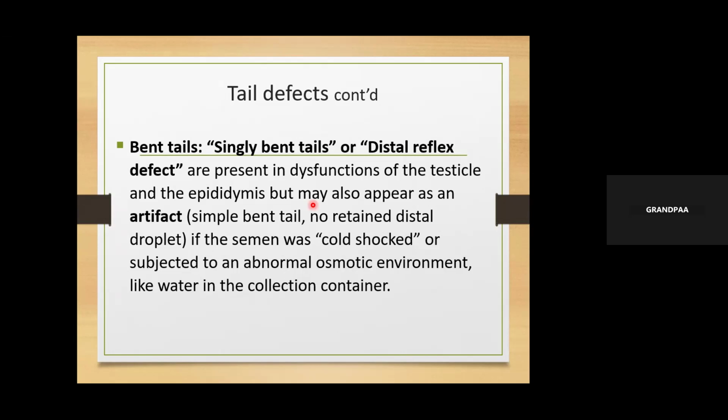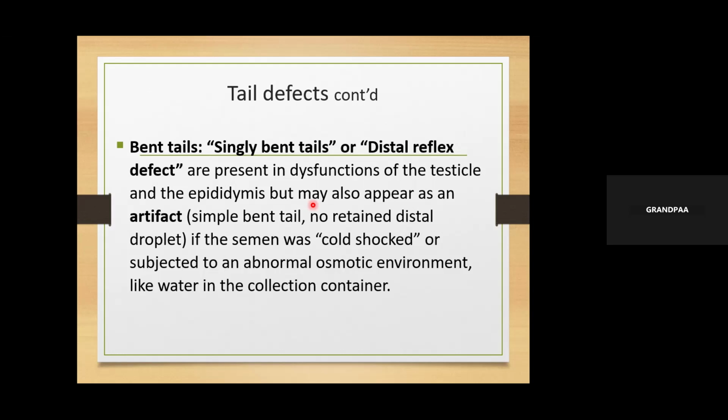Artifact is something which has been occasioned as a result of a certain process or condition which has been created either in the lab or by the user. It can also be a result of the osmotic environment. Let's say you are asking the patient to collect semen, and the container was not very dry.